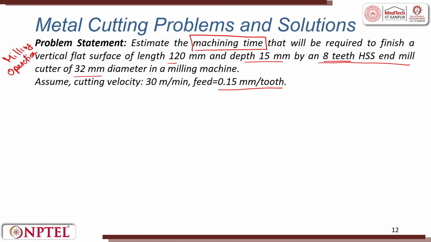A cutter of 32 millimeter diameter in a milling machine, cutting velocity is 30 meters per minute.